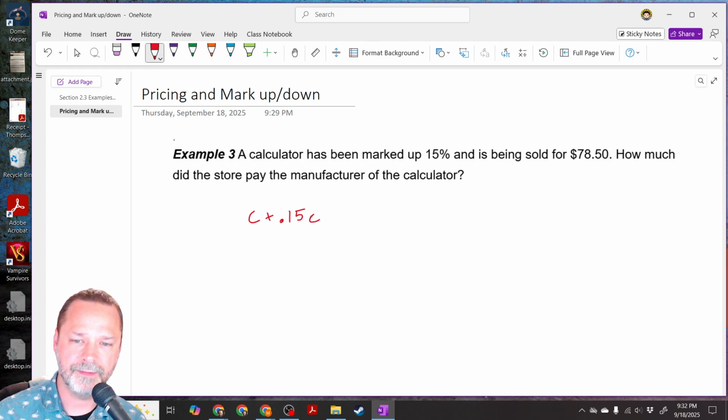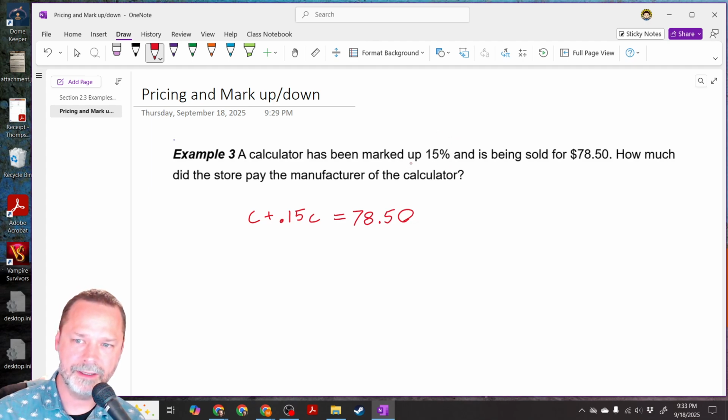So that's 0.15 times C. We have C plus 0.15 times C, and it is being sold for $78.50. Great. So we have the cost plus 15% of the cost equals the amount we're selling it for. That makes sense. And that's going to be $78.50. So there, I got my equation.